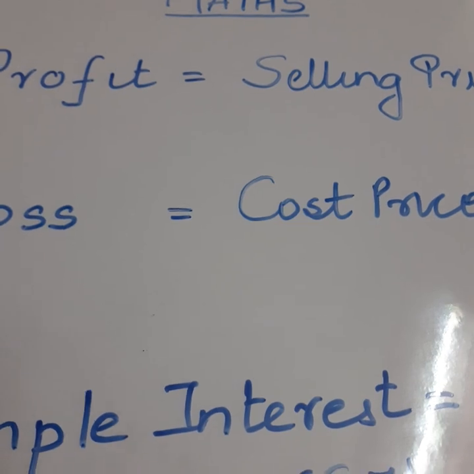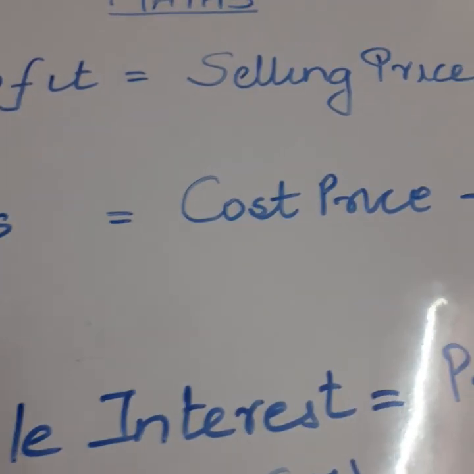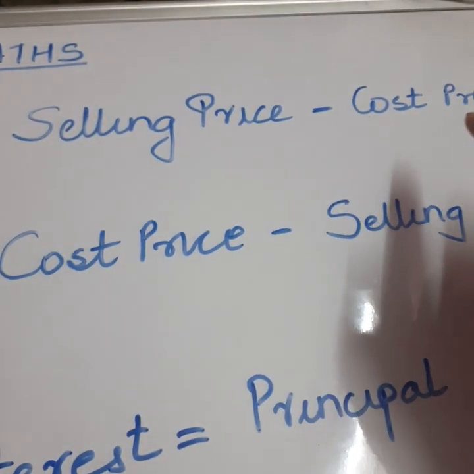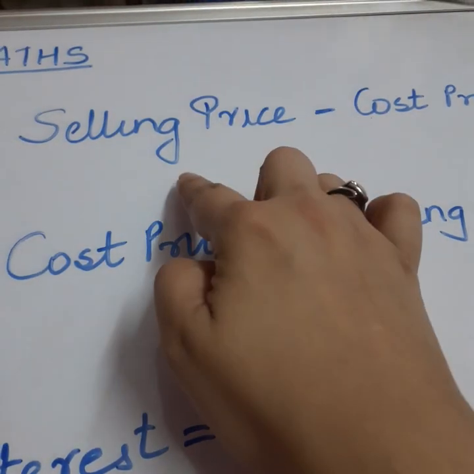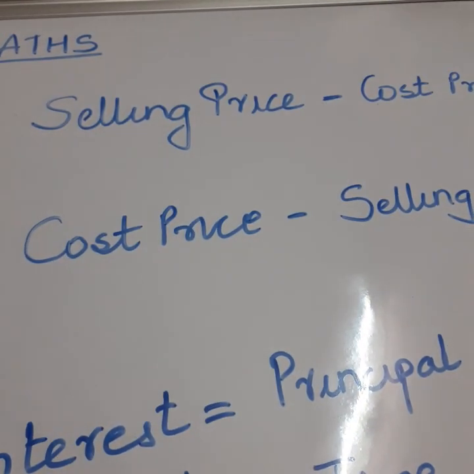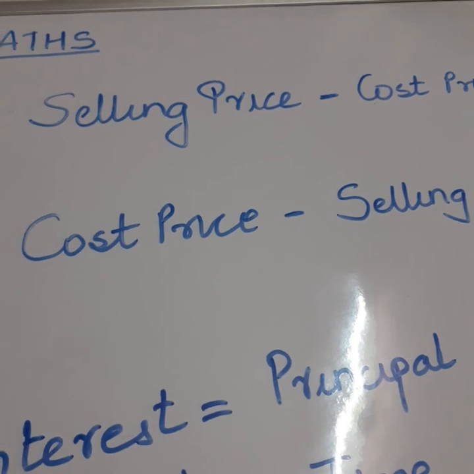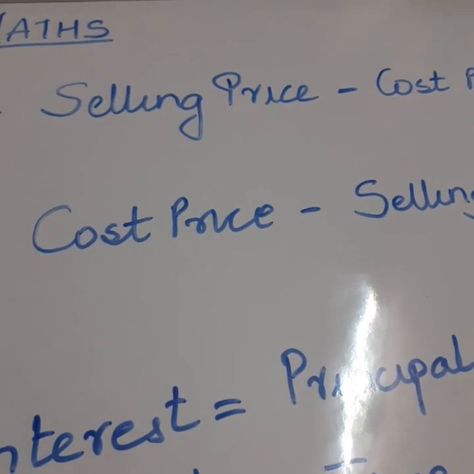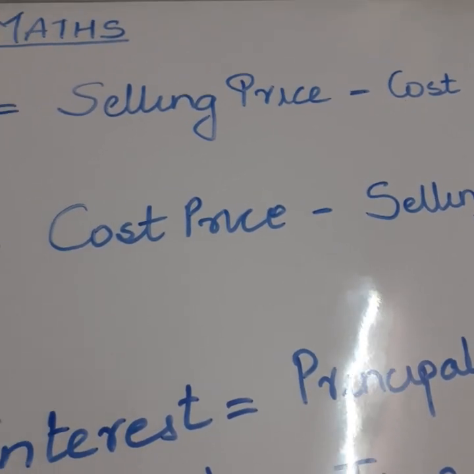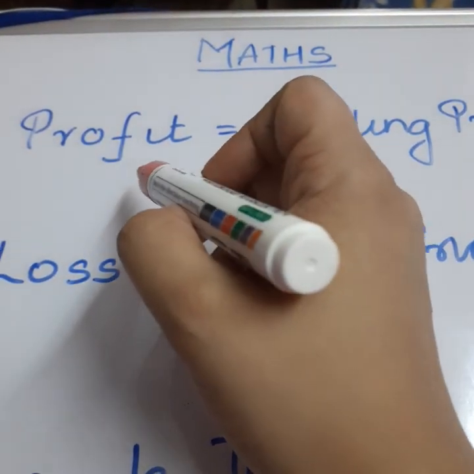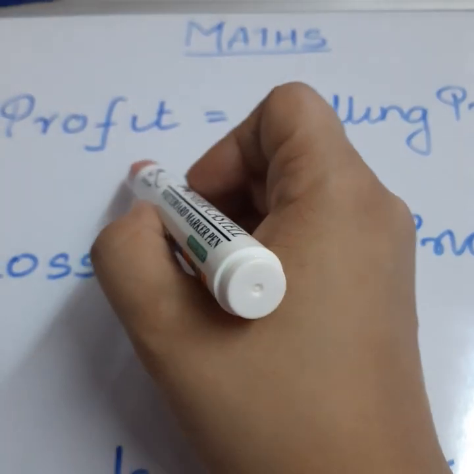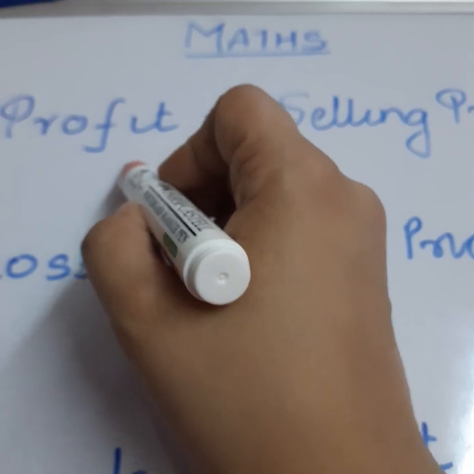Now in maths the meaning of profit is when you sell something and the selling price is more than the cost price. Now I'll tell you what it is. Suppose I bought something for 20 rupees.